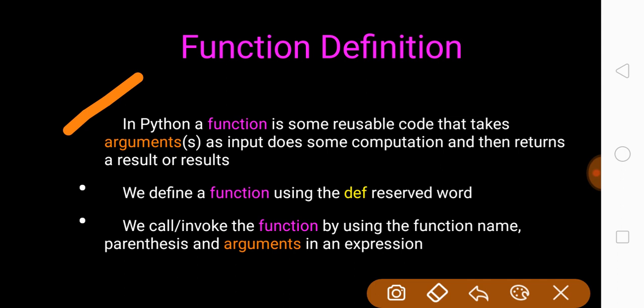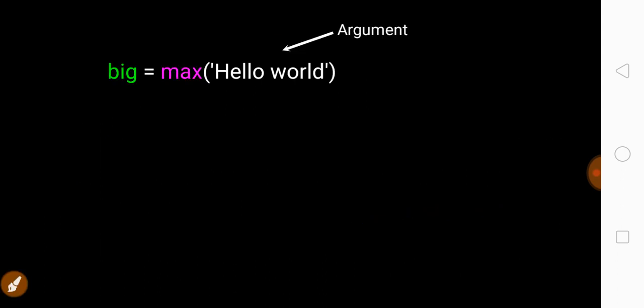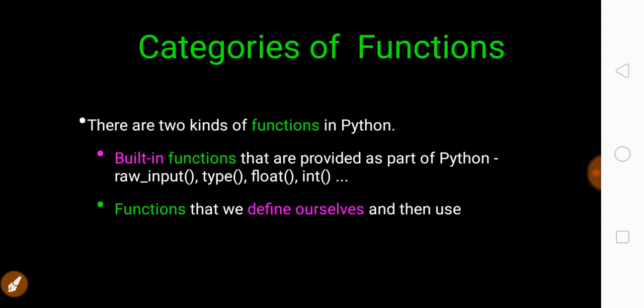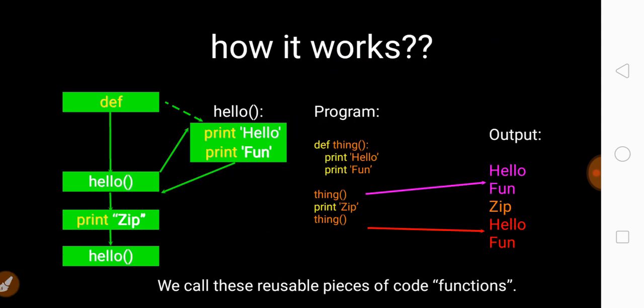Okay, and there is a formal syntax or format given in the Python programming language for how to define a function. Whenever we define any function, or give any name to a function, we must use the def word, like you may see in this slide.